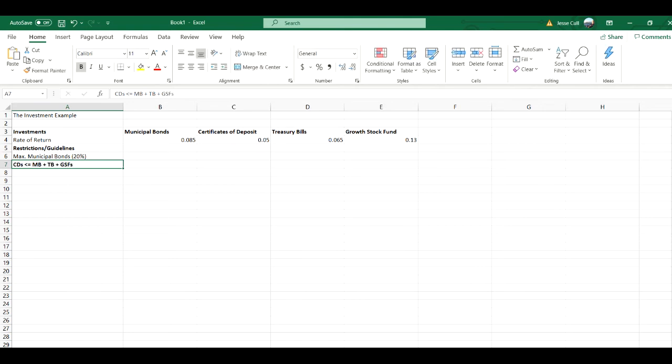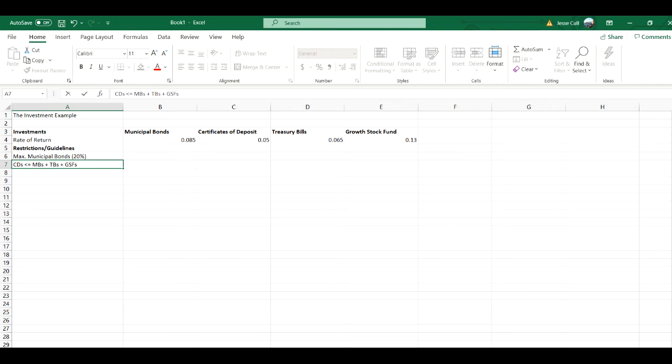So what this says is that the total of CDs plus TBs divided by the total of MBs plus GSFs, and that's the ratio. The ratio must be greater than or equal to 1.2. And that's what we saw from the question.